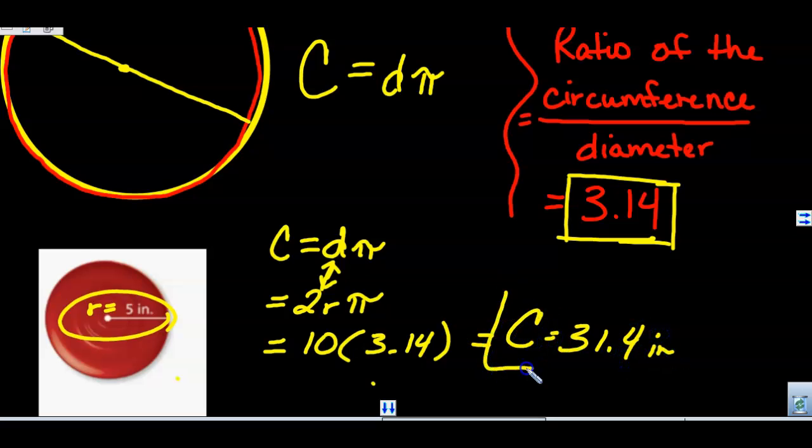And that is our circumference. Now circumference is a one-dimensional measurement, meaning it's just a distance, okay? So remember, it's just a distance. We only need single units for it. We don't need any units squared or anything like that.